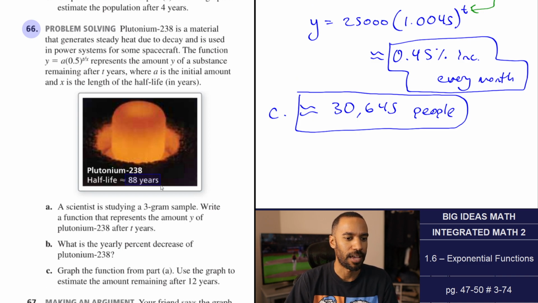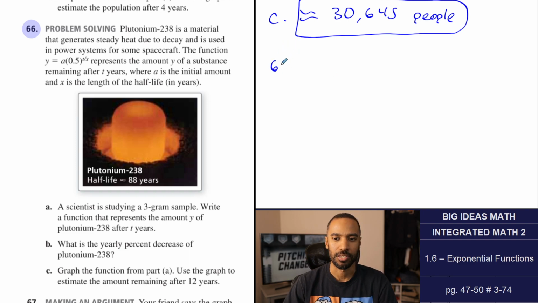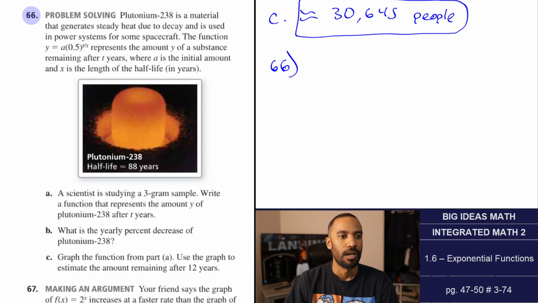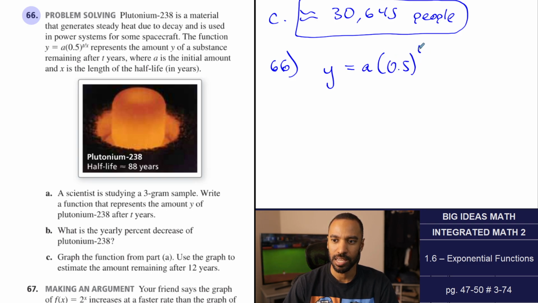They say the half-life of plutonium-238 is 88 years, which means it takes 88 years to have half of what you had before. That's a reintroduction to half-life, only this time they actually say it. So y equals a times 0.5 to the t over x power, and x will be 88.